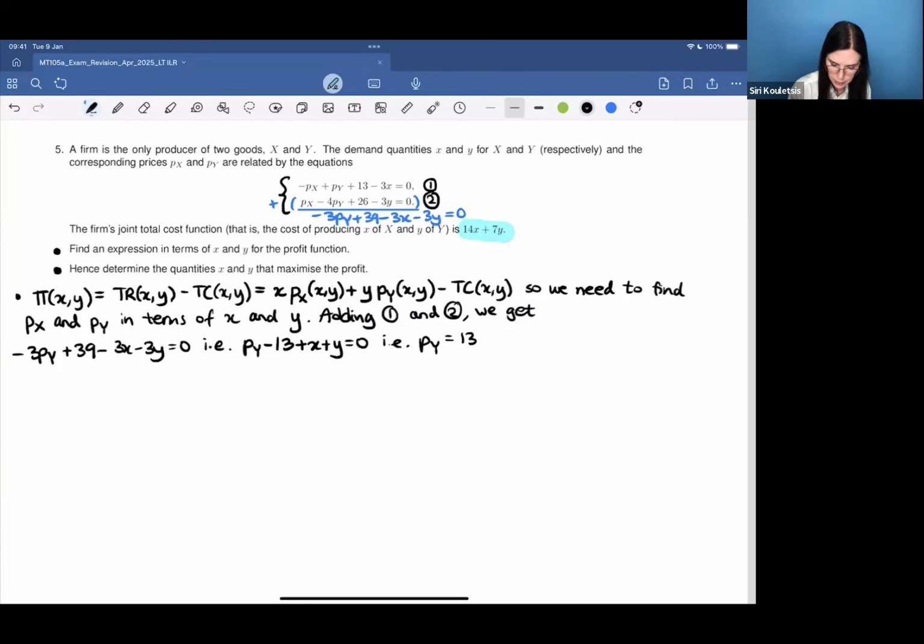And now we can substitute that into equation 1. Remember here that this equation 1 here, if we make px the subject, basically sending this minus px to the other side, if you want to see it like that, and then I'm just writing it on the left, px equals py plus 13 minus 3x.